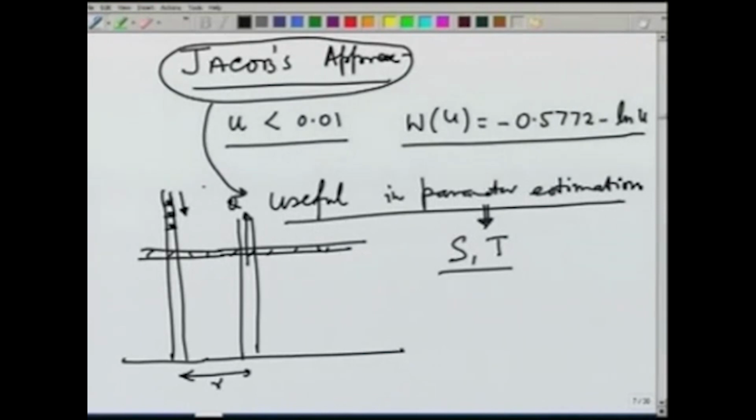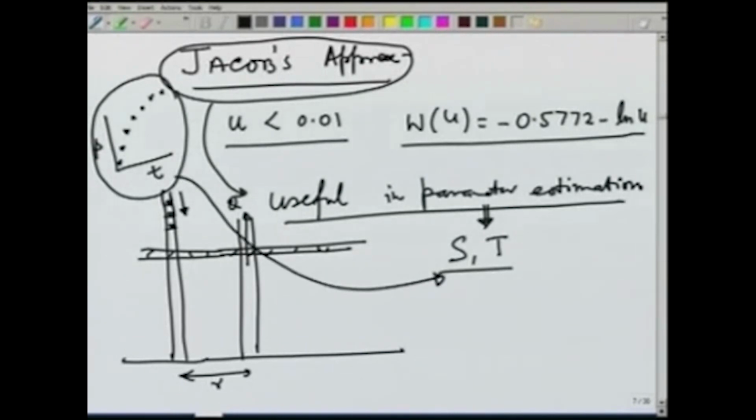So, with time the drawdown s will increase, and using this we want to estimate the parameters S and T.